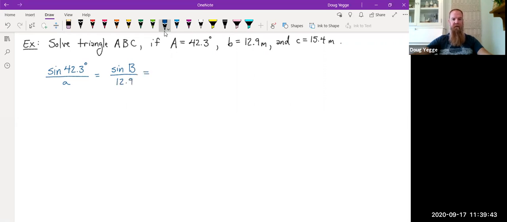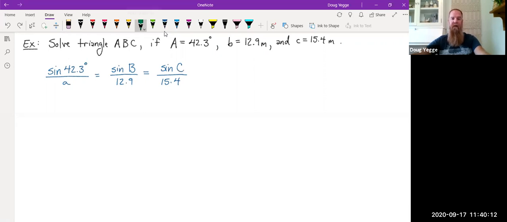And notice that that's also equal to sine of angle C, which we also don't know, over 15.4. And so what you should recognize here is we don't have a full ratio filled in. We don't have angle A with its opposite side. We don't have angle B, we don't have angle C, and there's no way with only one angle to find angle B and angle C. And so this is showing us why we're not able to use the law of sines here.